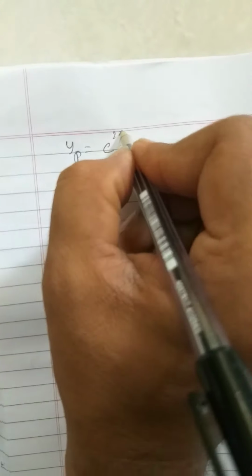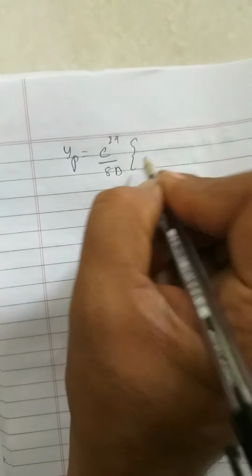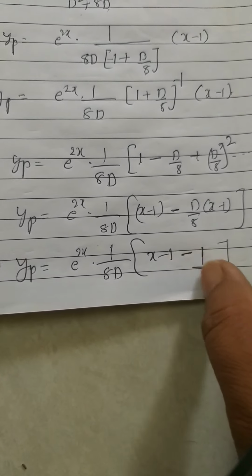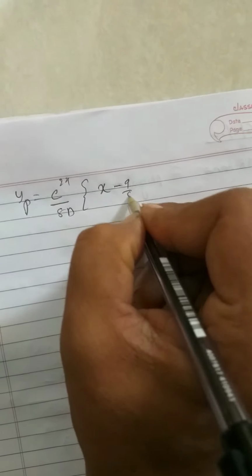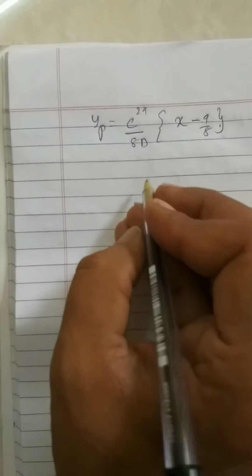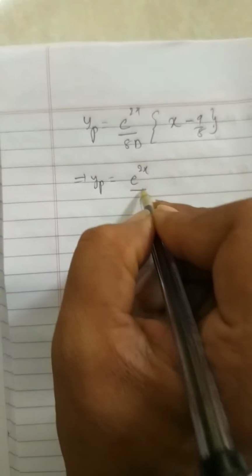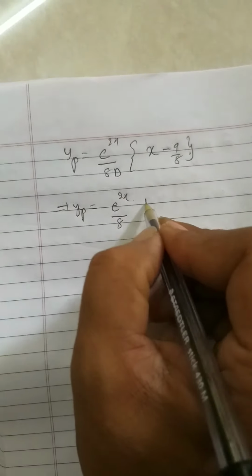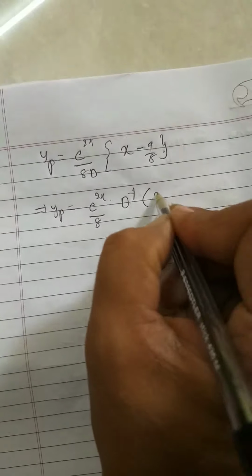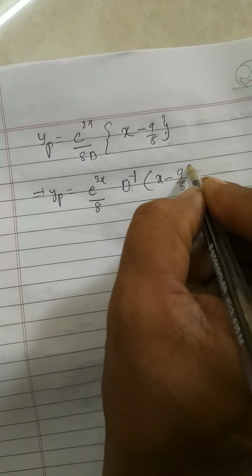Now again, continuation: yp is equal to e power 2x by 8d. If you simplify, taking the LCM, you will get x minus 9 by 8. Again d is there. Now this implies yp is equal to e power 2x by 8, and this d can be written as d power minus 1, into x minus 9 by 8.